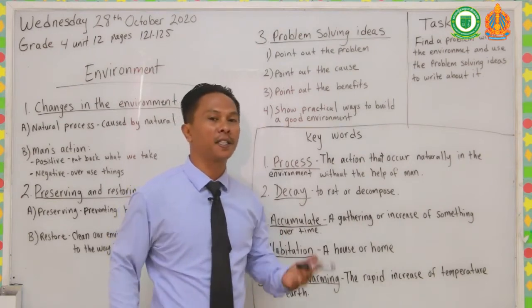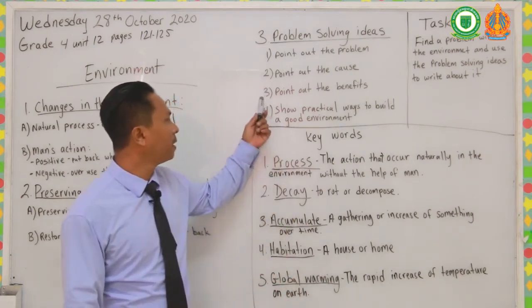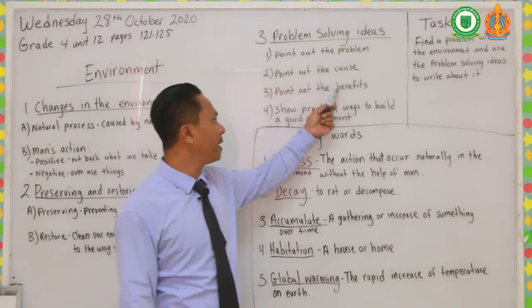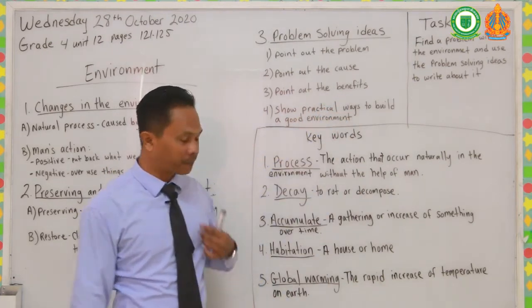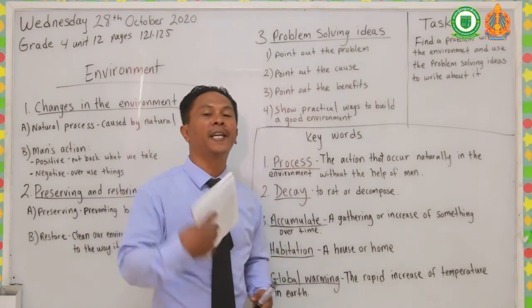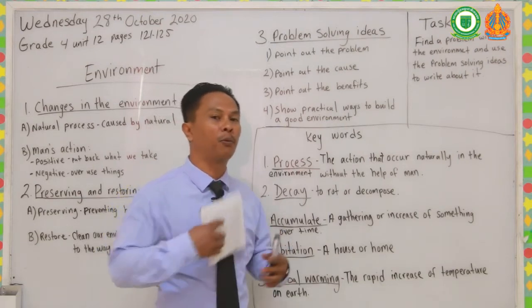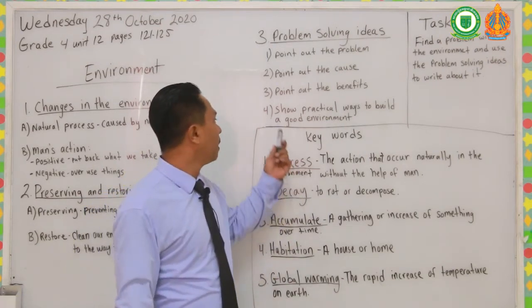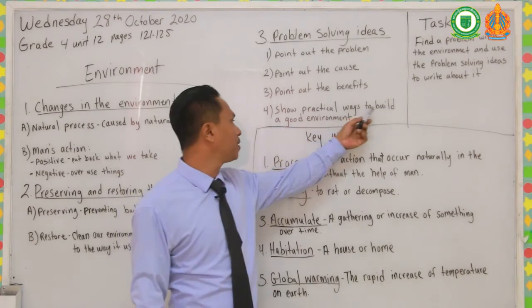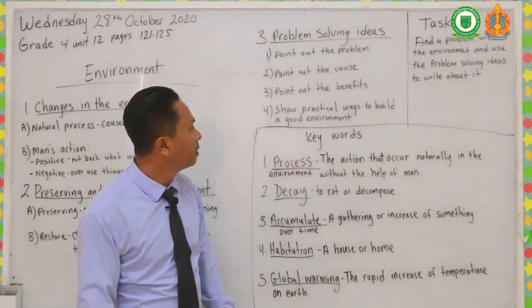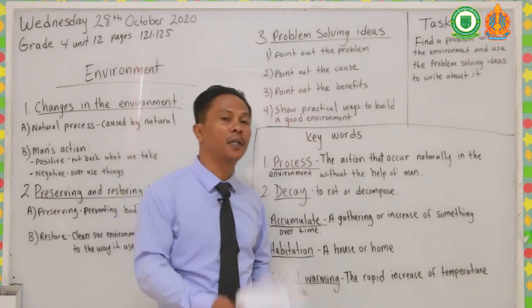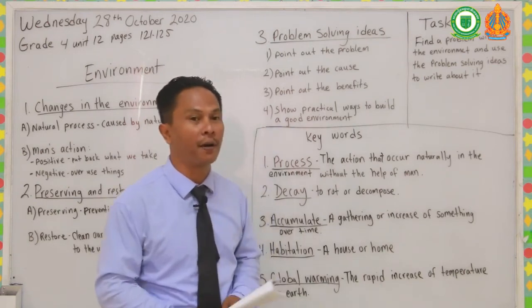So what is causing that problem? Okay, and then number 3, point out the benefits. So what do we get out of it if we put some work into it, okay? And number 4, show practical ways to build a good environment. So you show ways how you could build a better environment.